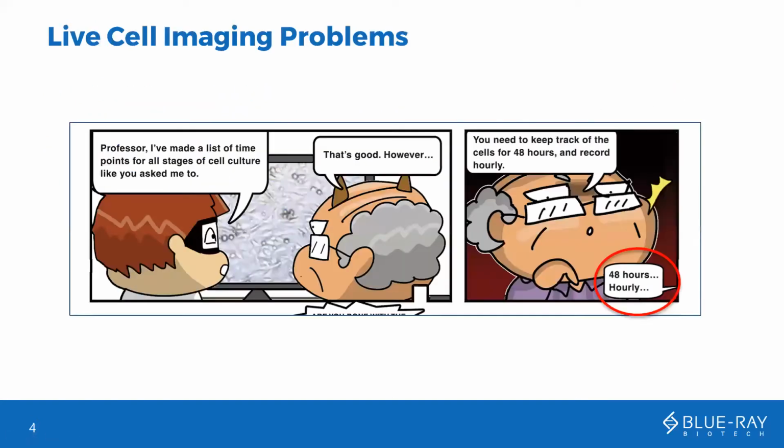I like to start with this comic because it's very interesting, and if you are a cell-related researcher, many of you may encounter this problem more or less. In this comic, the professor asked to record cell images every single hour for a total of 48 hours.